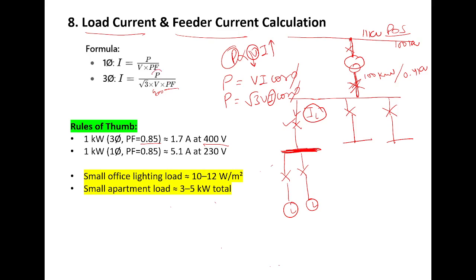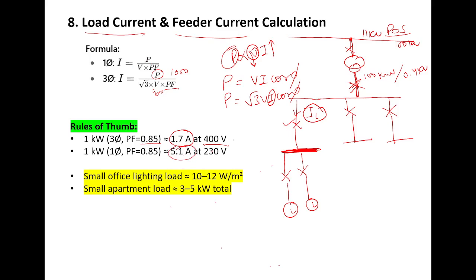Also the power value is 1 kilowatt, which means 1000. So just divide this value, you will get 1.7 amperes for three phase. And for single phase, to do the same calculation, you will get 5.1.